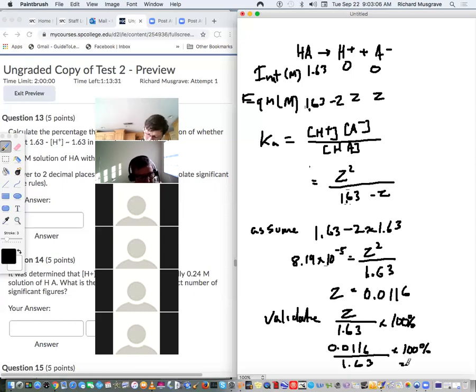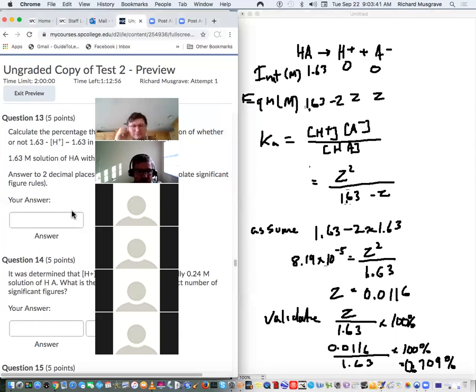And that comes out to be, I get 0.007088. I multiply it by 100 and I get 0.709%. And that would be the answer I'd put in there. But I just think it's looking for 0.709.